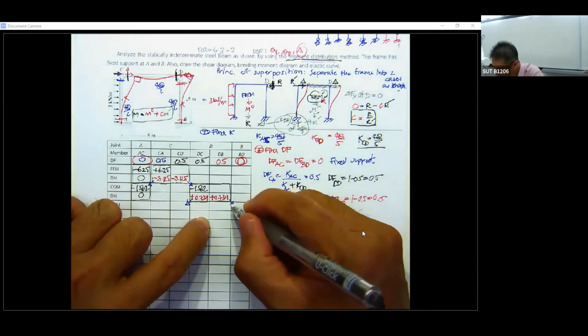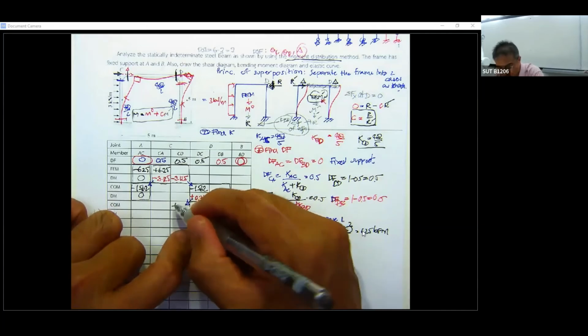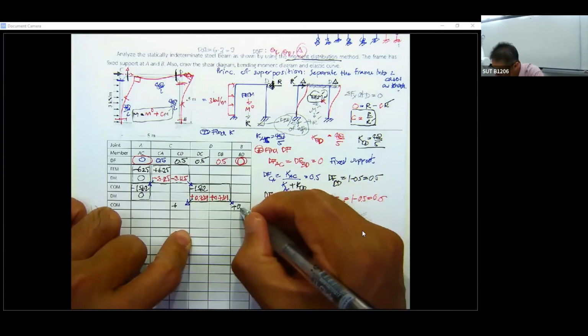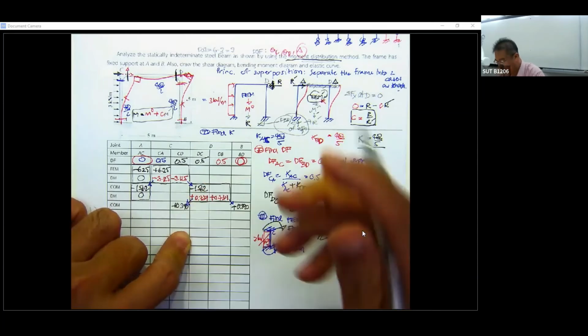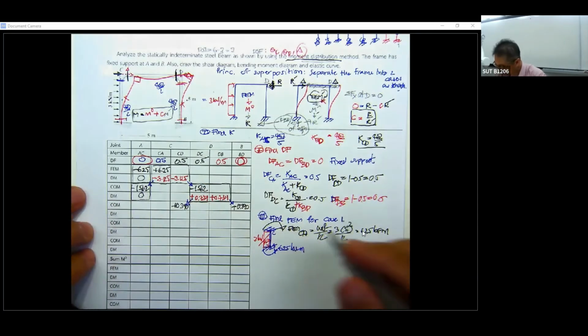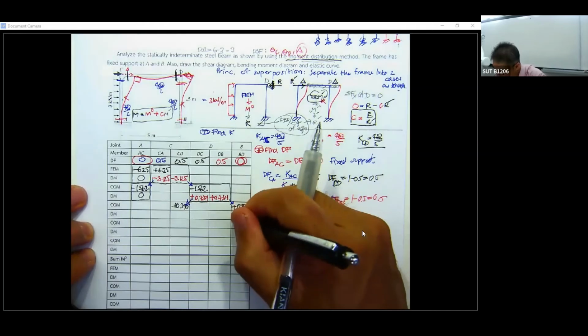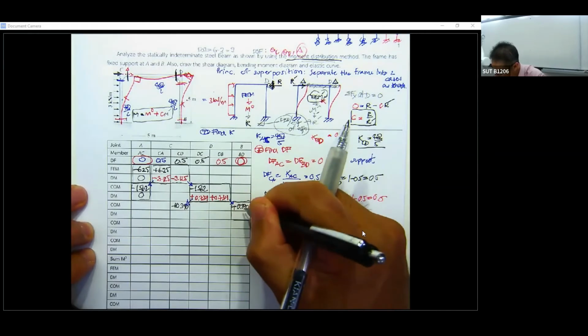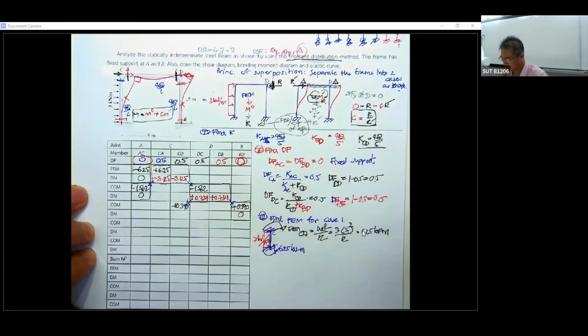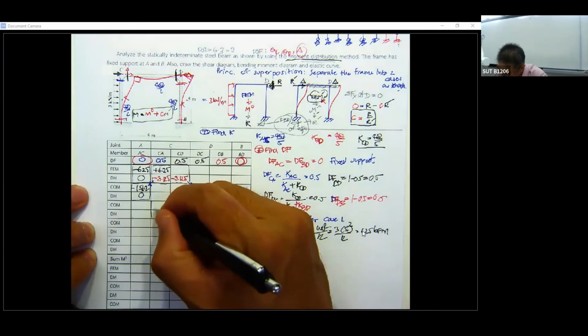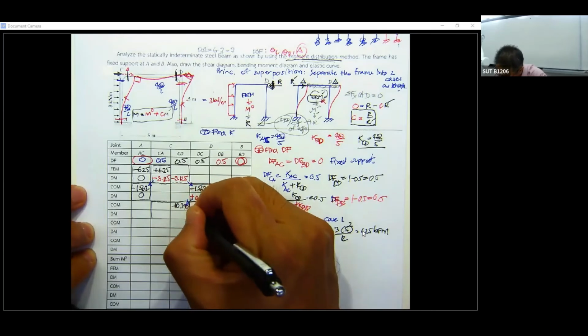Let's say this is going to be positive half of this, 0.390. Now you have this one again. It must be in balance, minus 0.390 times 0. This is 0. And you can see the way the moment distributes across this frame.